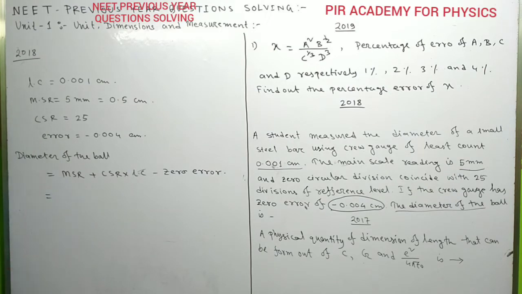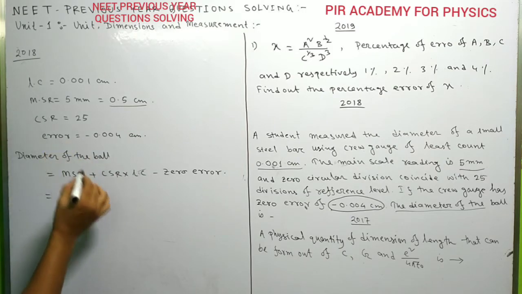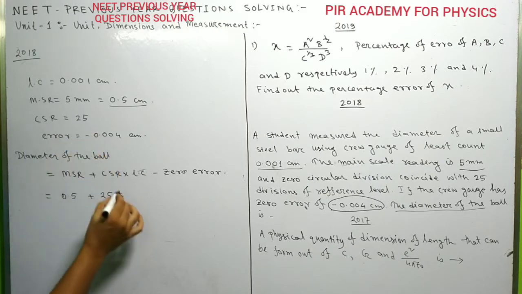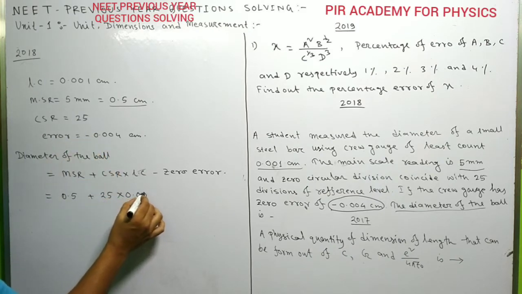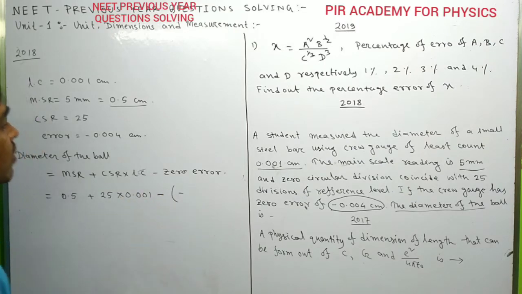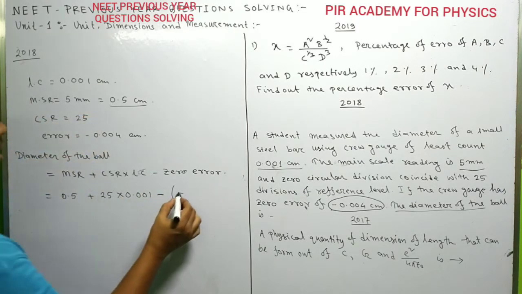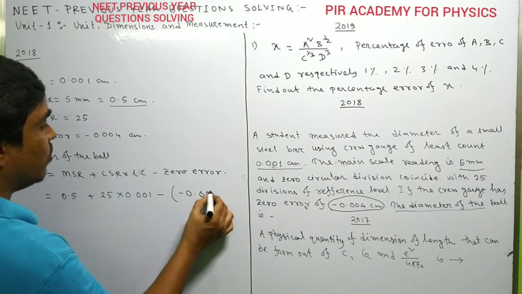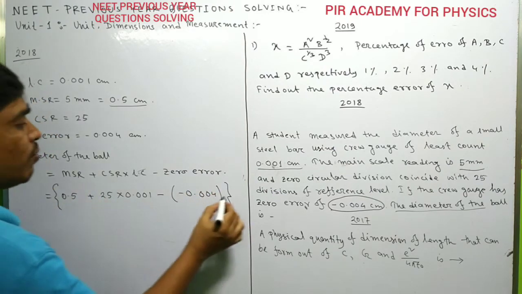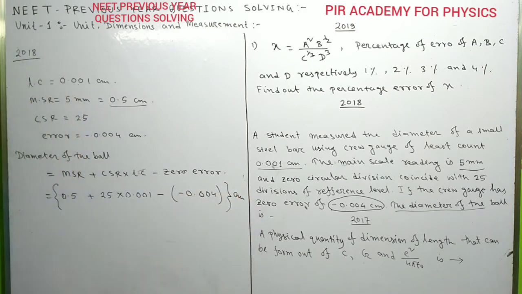Now here MSR is 0.5 cm and CSR is 25 and LC is 0.001 cm, and minus of zero error is plus 0.004. This total will be expressed in cm.